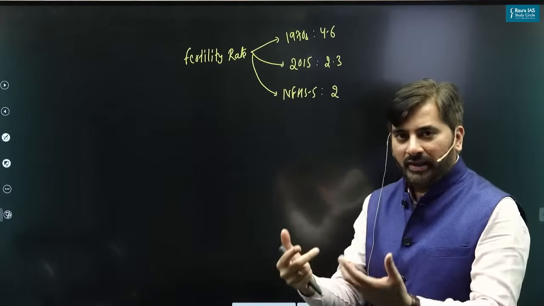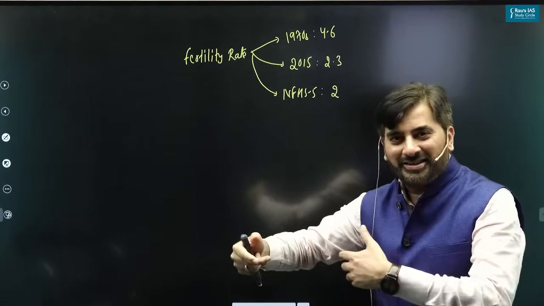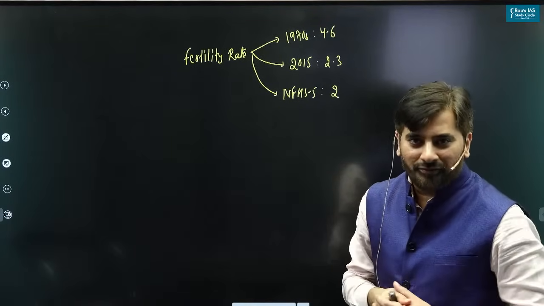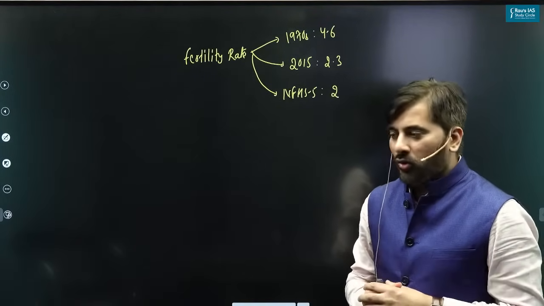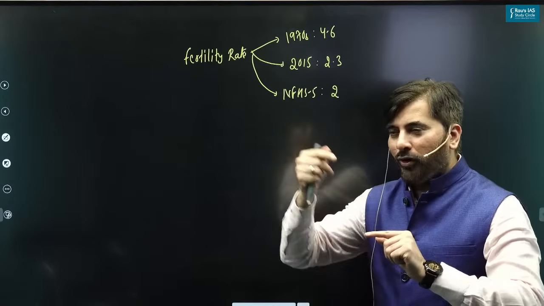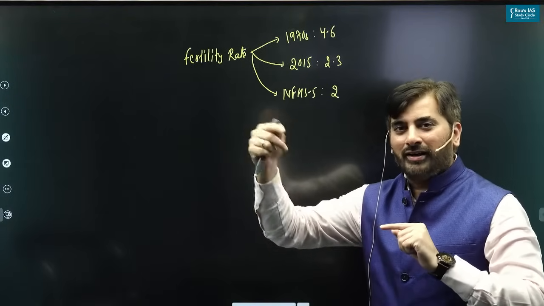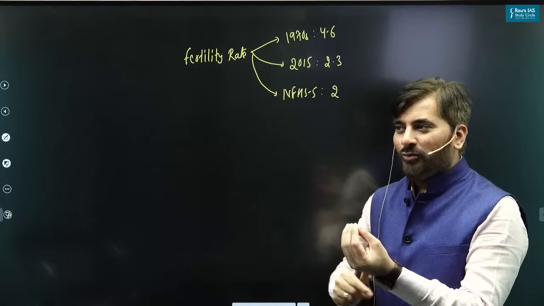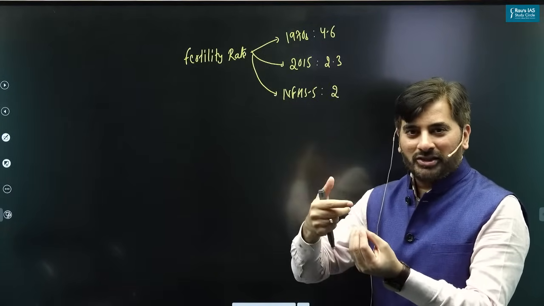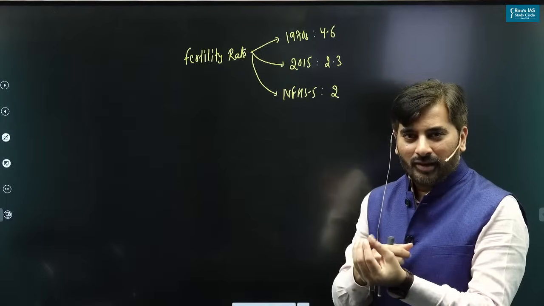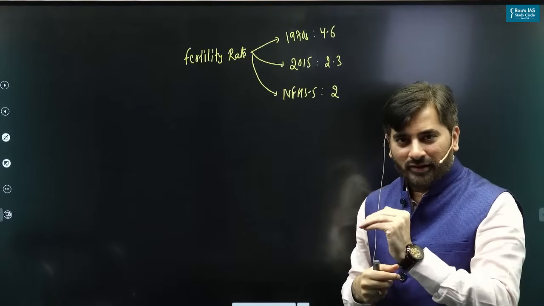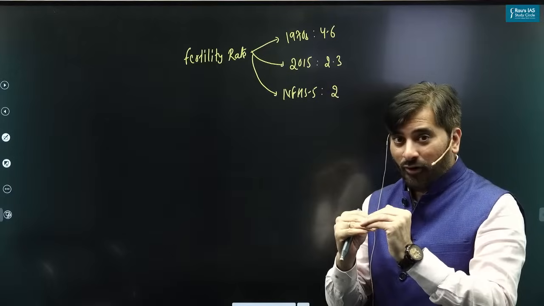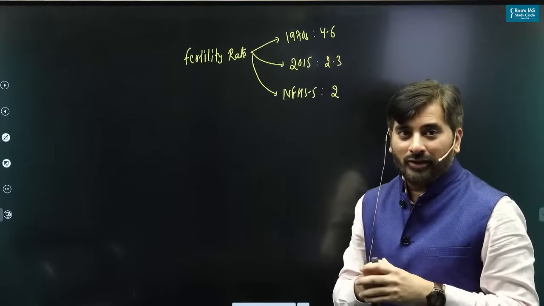Now, what are the implications of the changes in fertility rate on India's demography? We all know fertility rate and population growth rate, they are directly proportional, right? If fertility rate is higher, more number of children are born, so population growth rate will be higher. If fertility rate reduces, it means less number of children are born, so population growth rate will reduce.